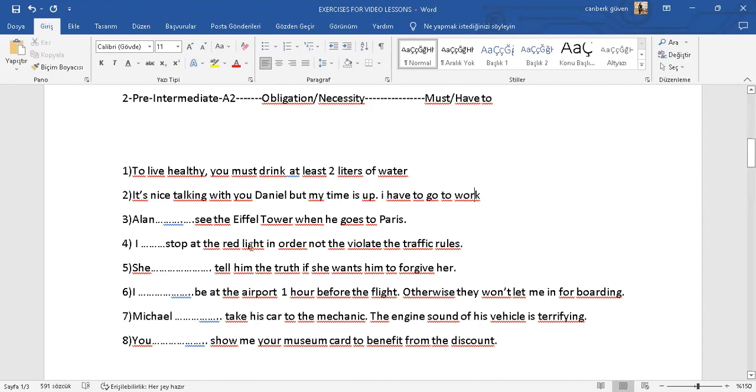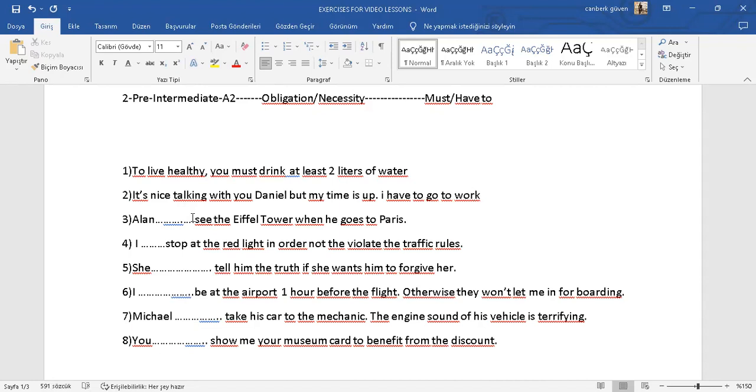Okay, the third one. Alan blah blah see the Eiffel Tower when he goes to Paris. If Alan doesn't see the Eiffel Tower when he's going to Paris, will he face some consequences?